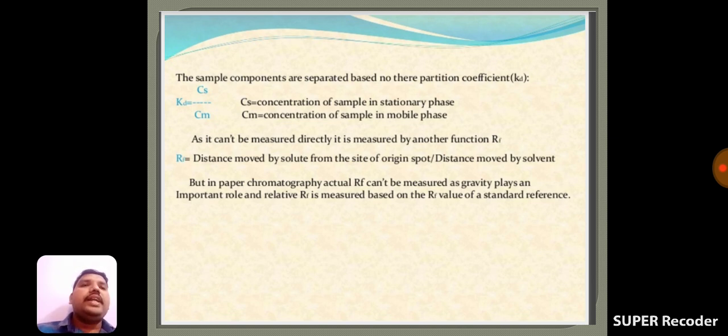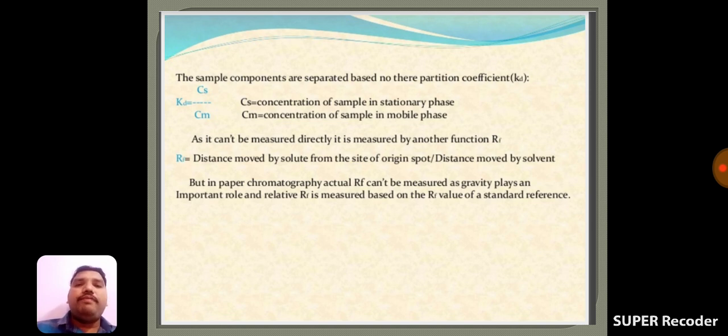It cannot be measured directly; it is measured as a function of the retardation factor.